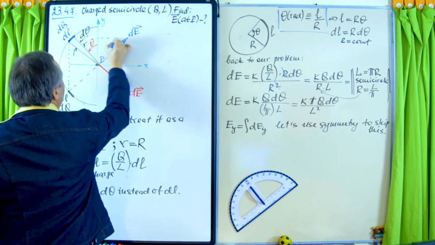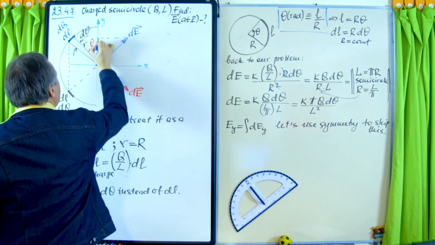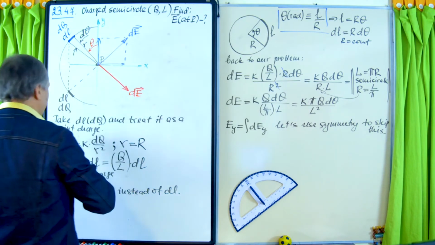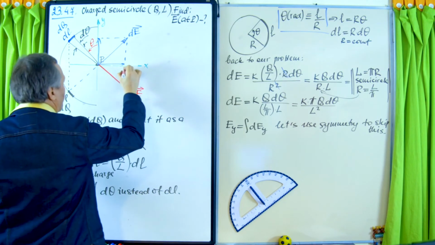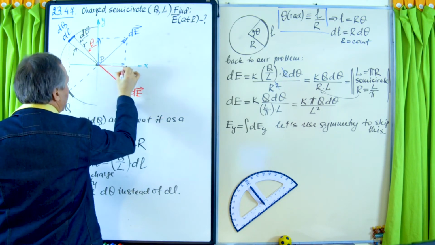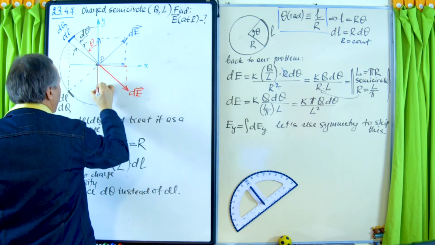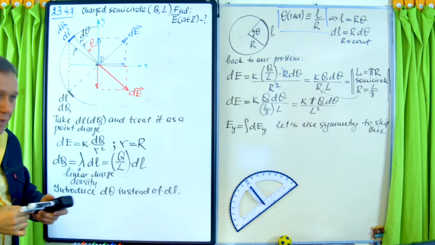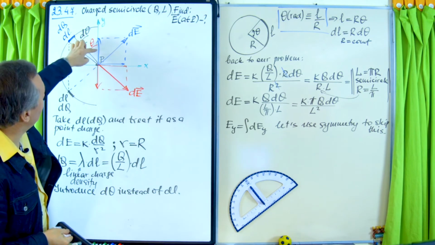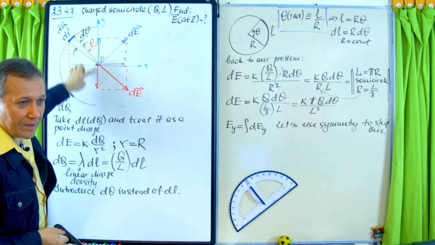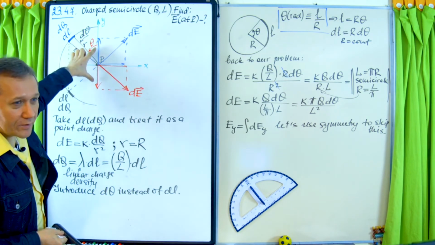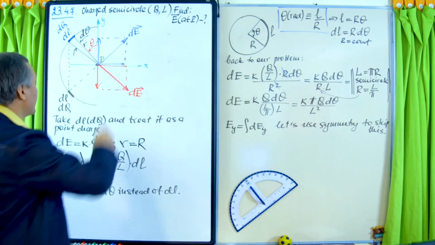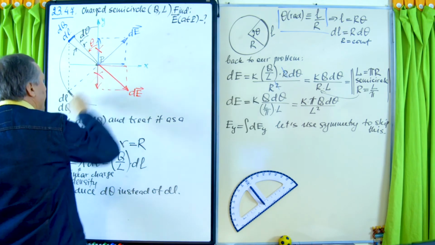The y component will be here, the x component will be here. Now look, what happens to the y components of the red and blue fields? They're the same in magnitude but in opposite directions. They cancel each other.